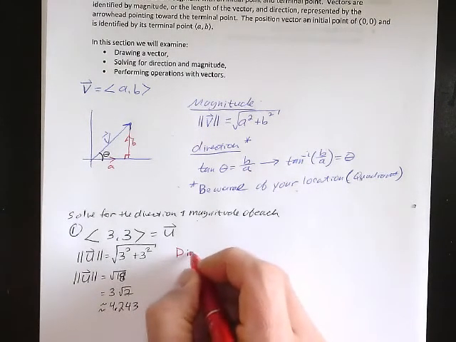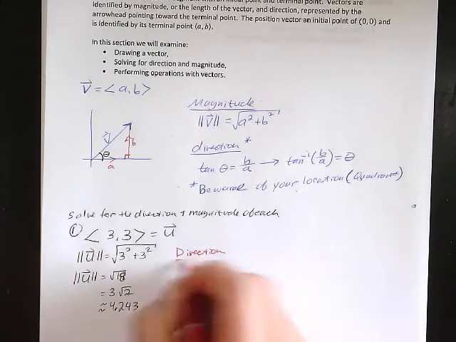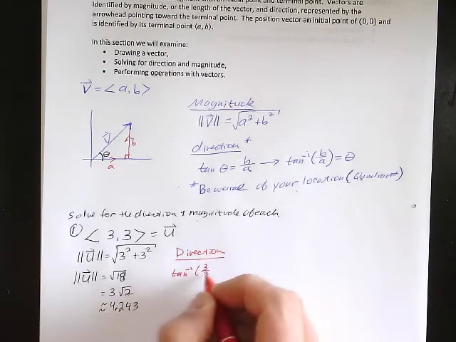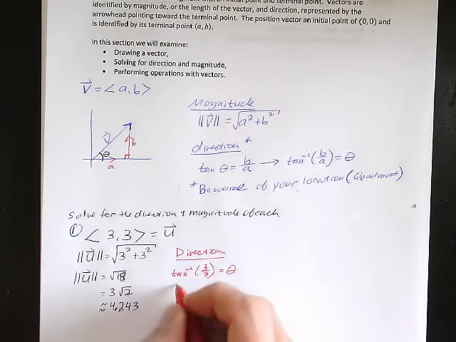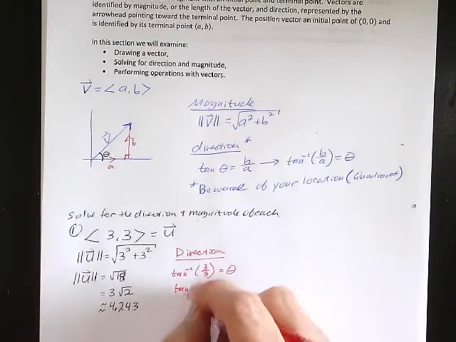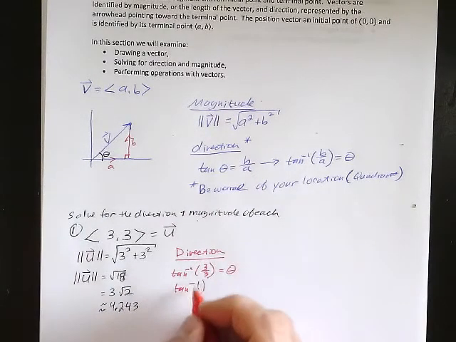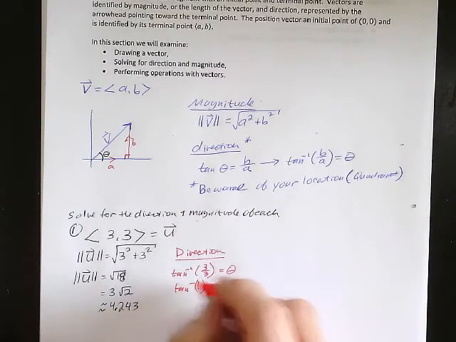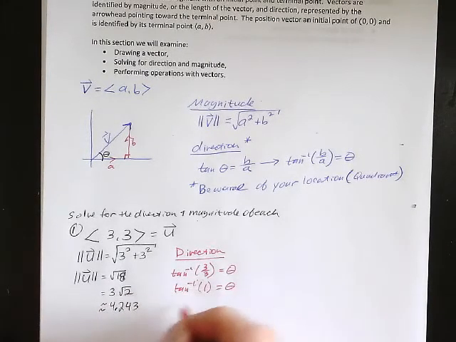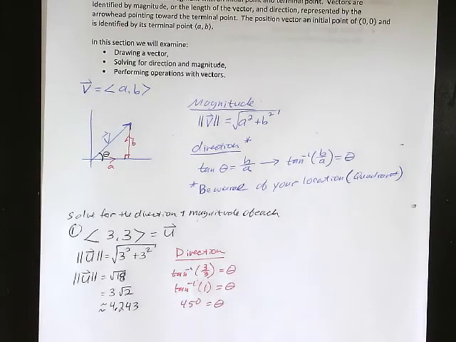Now for the direction, this would be the inverse tangent of 3 over 3. So it'd be the inverse tangent of 1. The inverse tangent of 1 equals theta. So we can say 45 degrees equals theta.